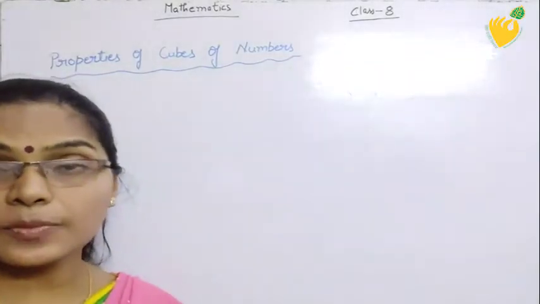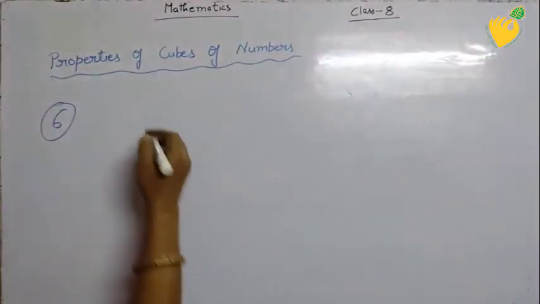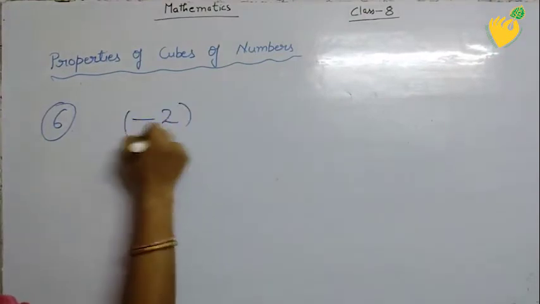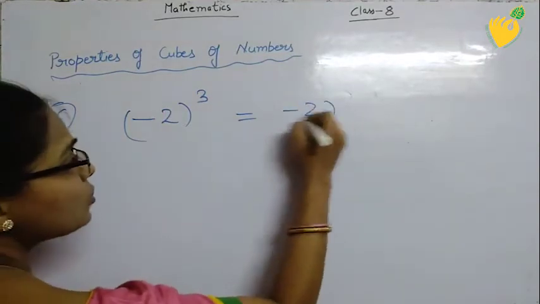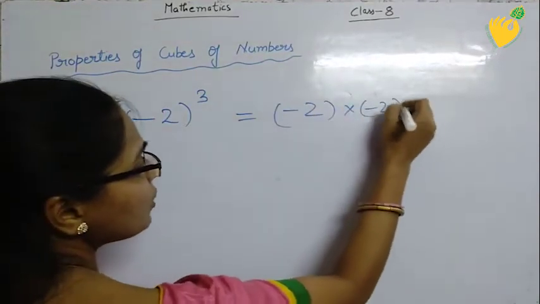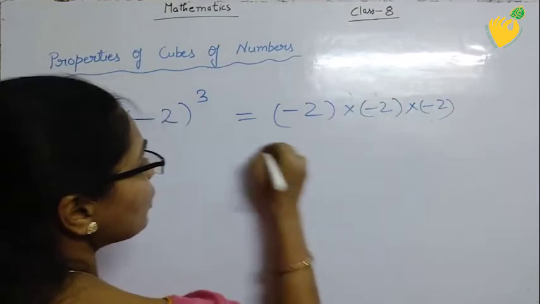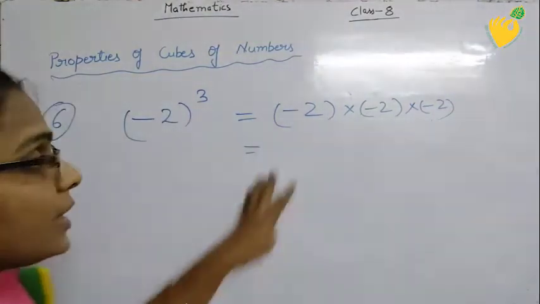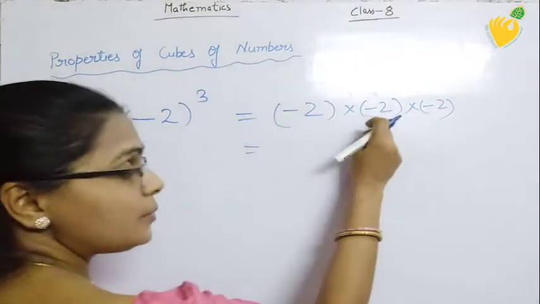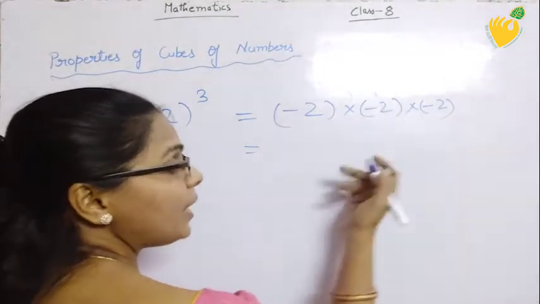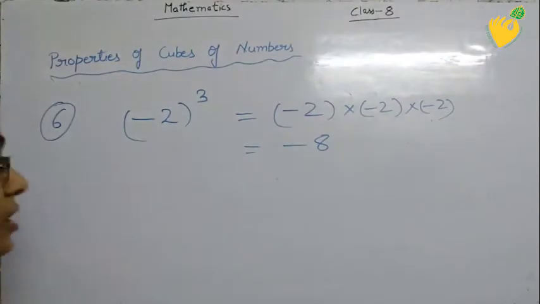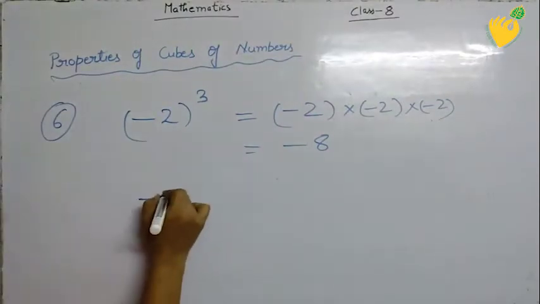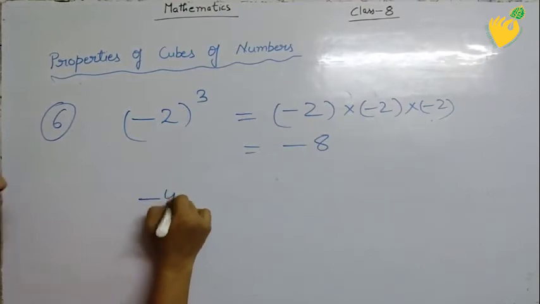So students, let's see the next property, that is, the cube of any negative integer is always negative. See how. Minus 2 into minus 2 into minus 2. First we will decide the sign. Minus minus is plus, and then plus into minus is minus, and then we will multiply the numbers. See one more example, suppose minus 4.